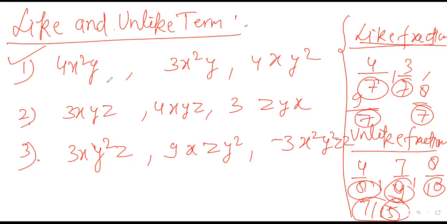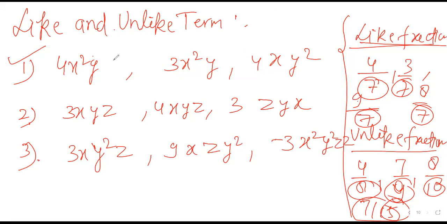Look at the first one. In like or unlike, you have to see only the variables. Don't worry about the numbers. There is no meaning of the numbers. If the numbers are the same, okay. If the numbers are not the same, that is no problem. Only you have to focus on the variables' powers, the variables' exponents.